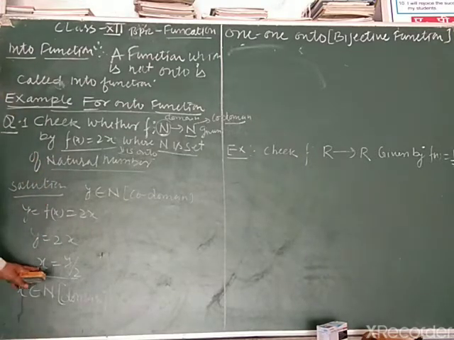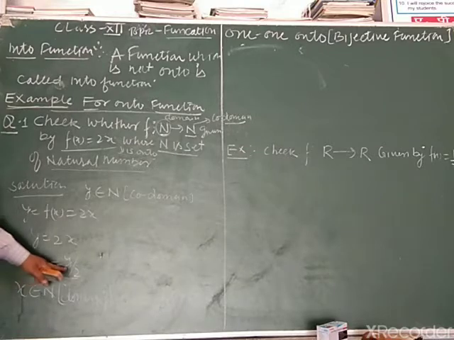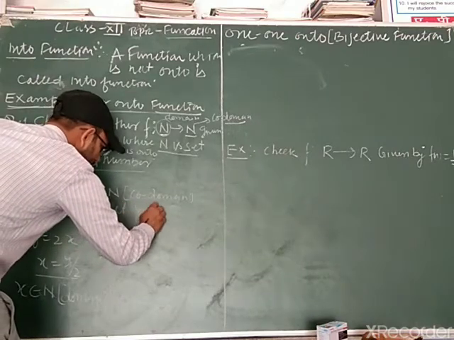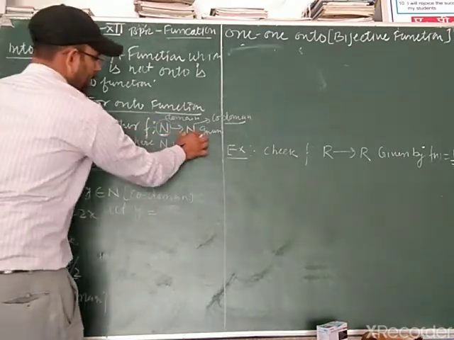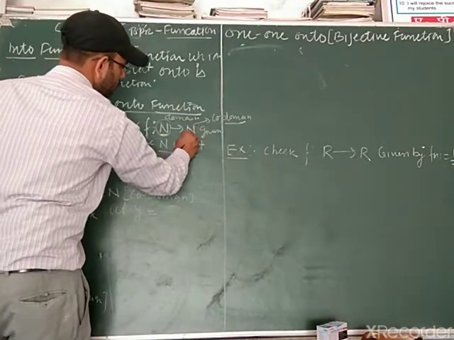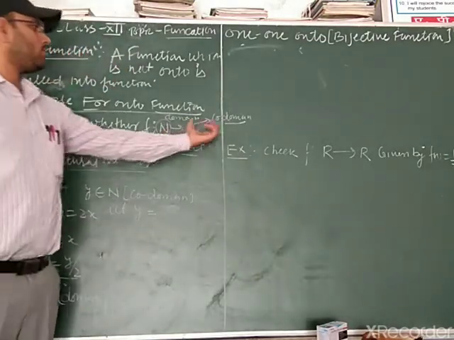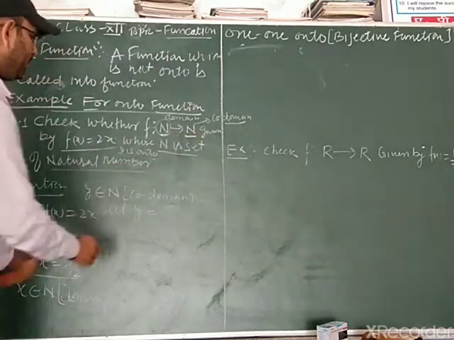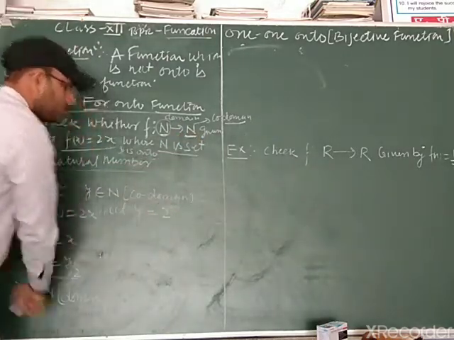Clear? Now check. Put the value of y. Let y belong to the codomain, and the codomain is the set of natural numbers. So we can select y = 2.